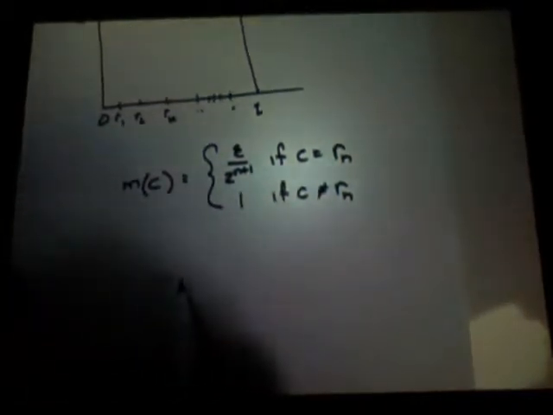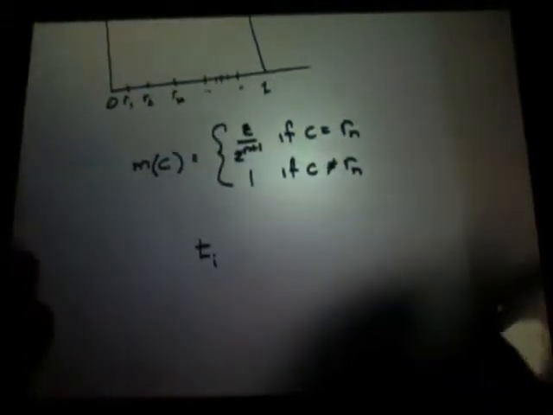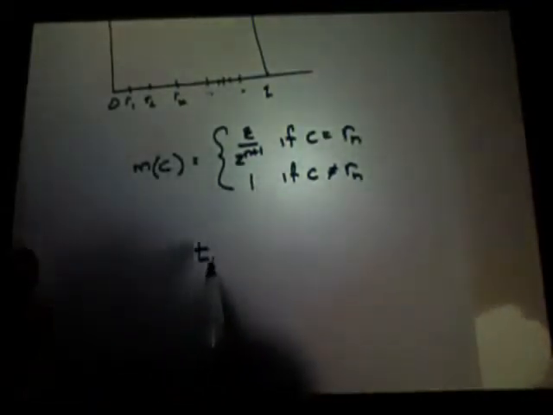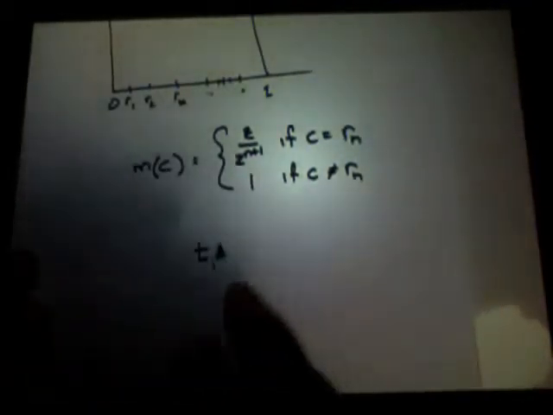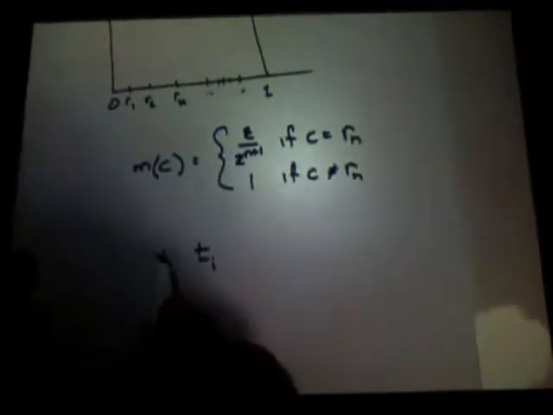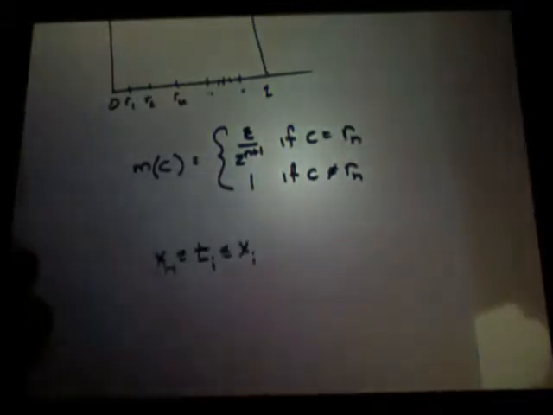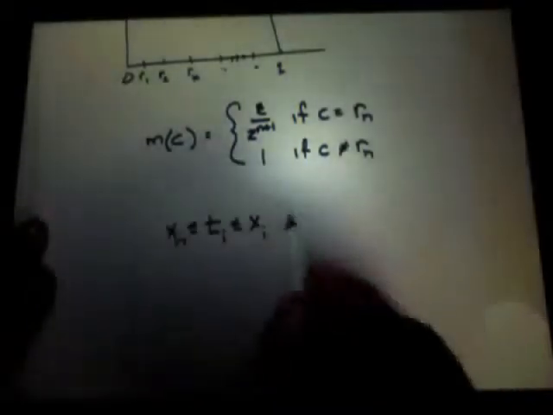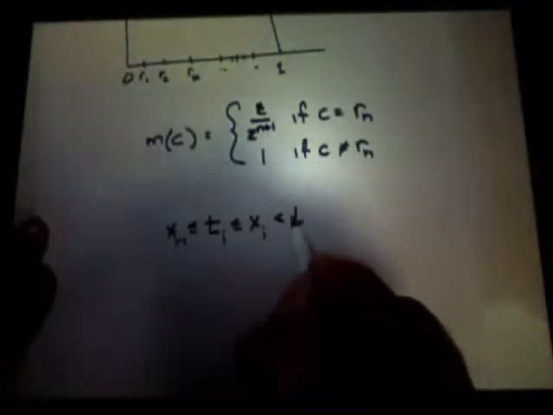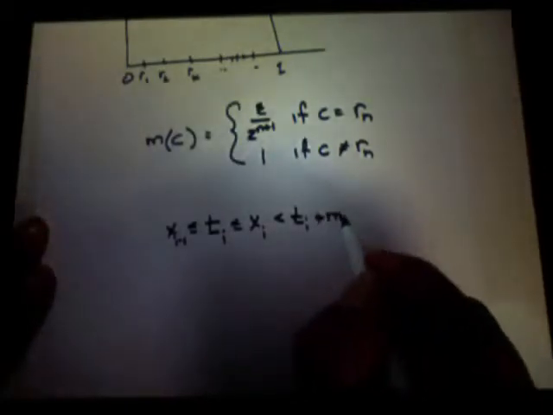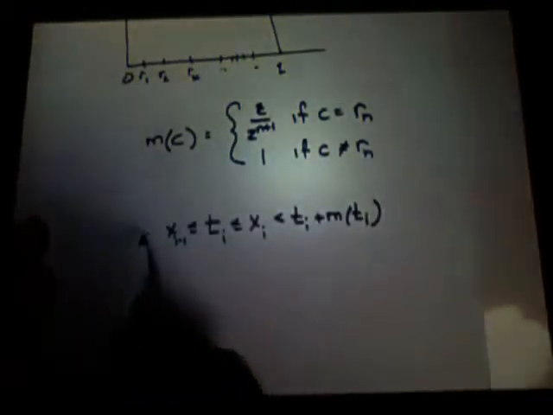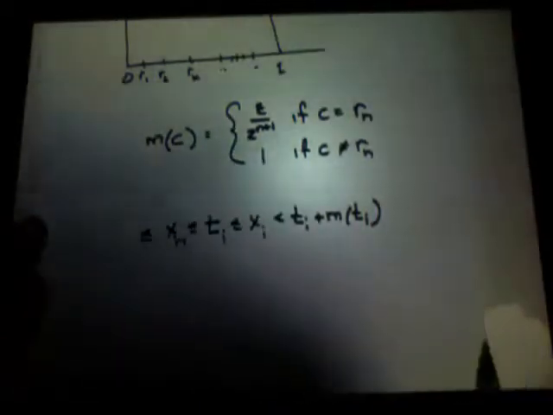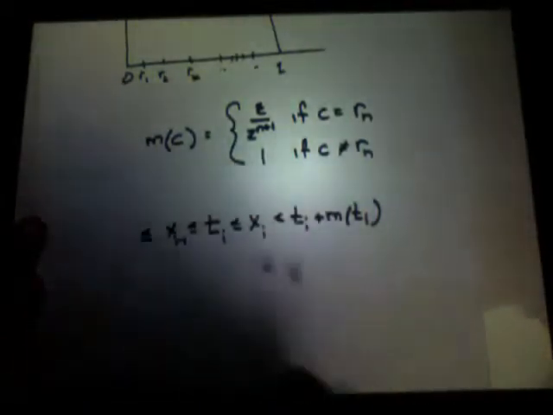If I have a tag point, say the ith tag point, the subinterval that the tag point is in itself has to be contained in the interval defined by the mesh function.